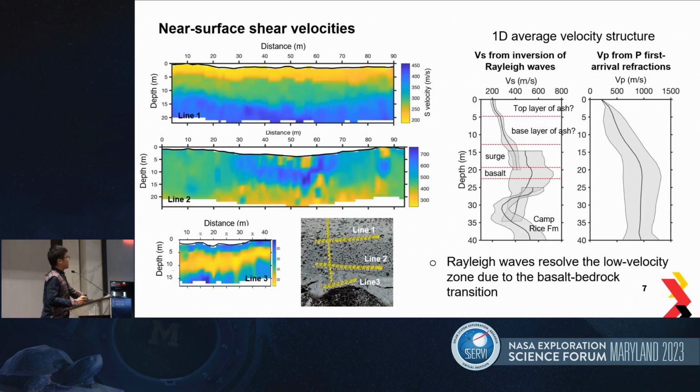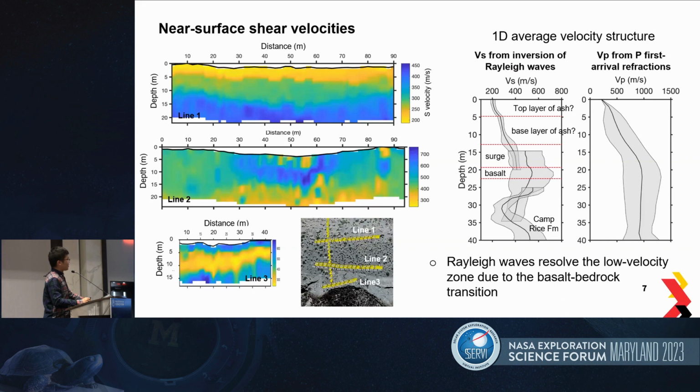Here I show several seismic lines from the surface wave tomography at the southeastern corner of the crater. The three lines are co-located and follow the top-down strata, and the results capture the layered structure in the top ash sediments, and also the high velocity, as the cold color shows here, from the basalt.